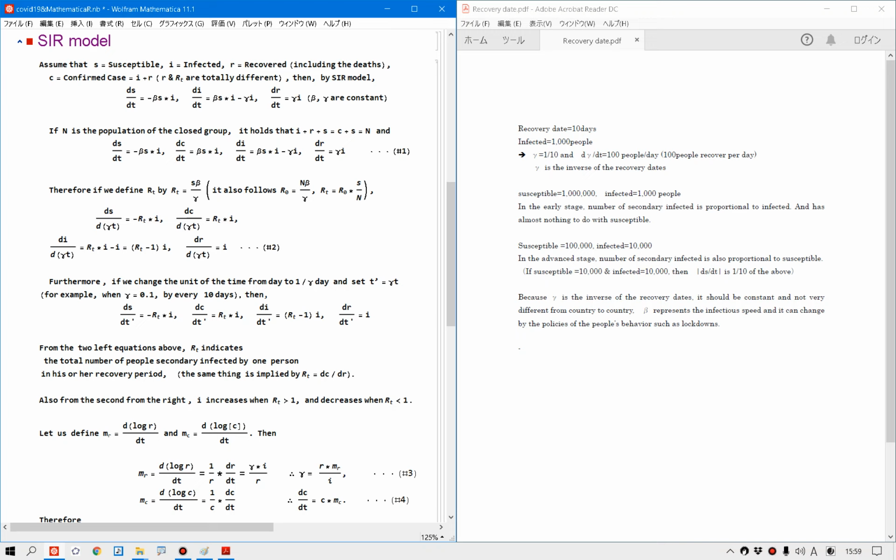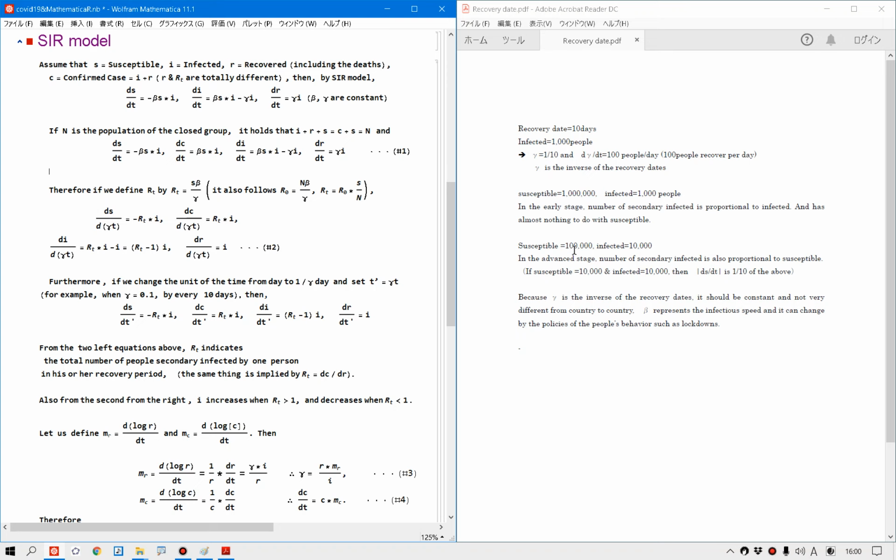You can easily understand this is proportional to I, but why is it also proportional to S? For example, if susceptible is 1 million and infected is 1000 people, in the early stage, the number of secondary infected is proportional to infected and has almost nothing to do with susceptible.